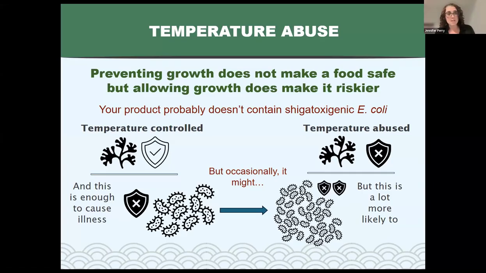And in those cases, if the temperature isn't controlled, we go from a situation where illness is possible to a situation where illness is extremely likely. And that's really the reason why in any case possible, we want to try and keep the temperature to proper refrigeration, which is 40 degrees Fahrenheit or below in most cases.